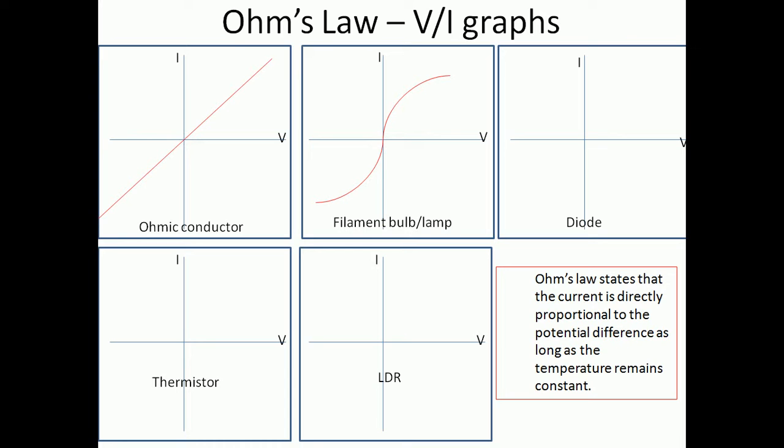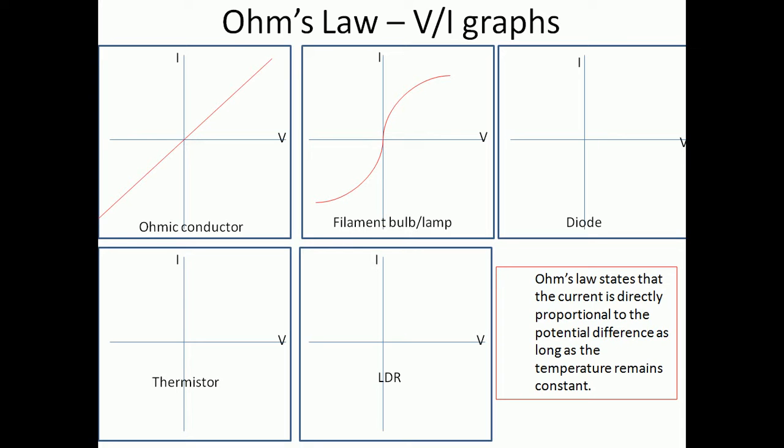As the potential difference increases, or as the current increases, the resistance increases. The reason is that the filament gets hot. As current flows through the very thin piece of wire, the wire gets hot, and therefore it doesn't obey Ohm's law because the temperature is changing.